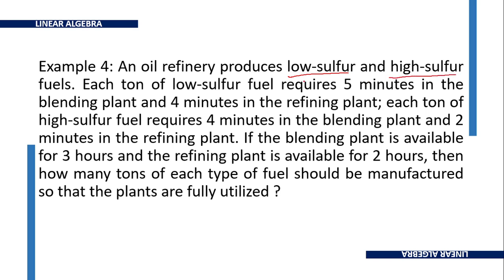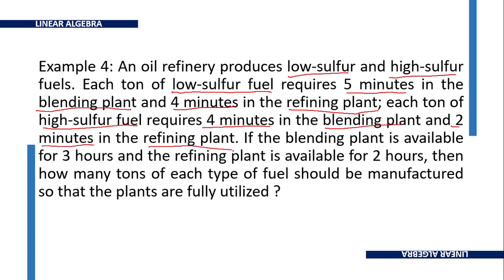Each ton of low sulfur fuel requires 5 minutes sa blending plant and 4 minutes naman sa refining plant. And each ton of high sulfur fuel requires 4 minutes sa blending plant and 2 minutes sa refining plant.